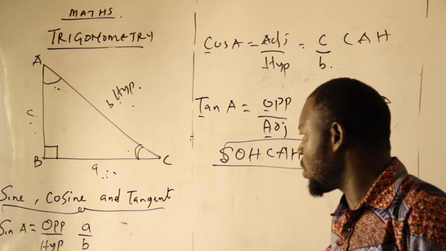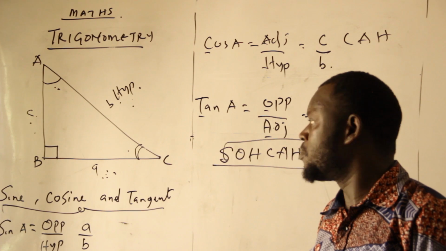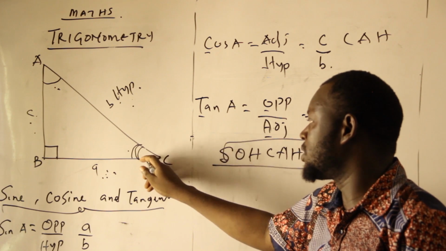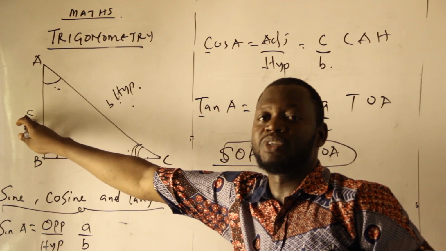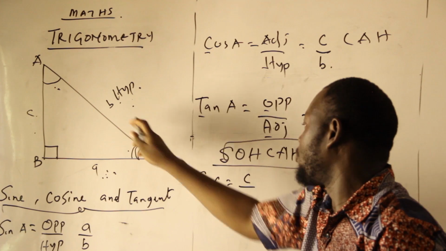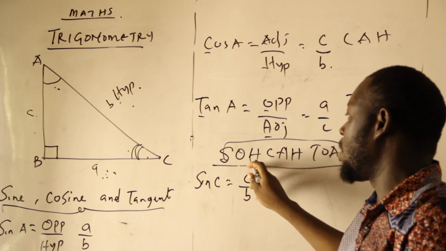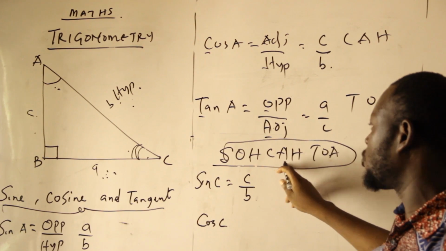Yes, we can as well solve from this end too. If we are solving from C, our sine C, then this will be opposite. Don't forget, this will be opposite. That is opposite over hypotenuse, that is c over b. My cos C is adjacent over hypotenuse.